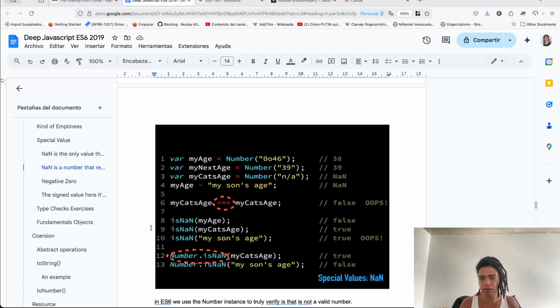At the end of the day, NaN says that this is not a valid representation of a number in the IEEE 754 spec. I'm sorry, our memory is limited. Deal with it. The computer's memory is limited. Deal with it, right?